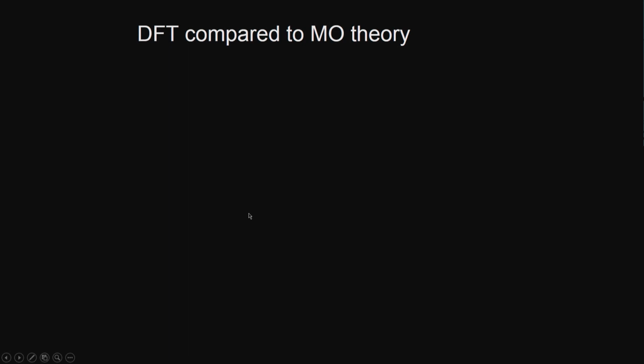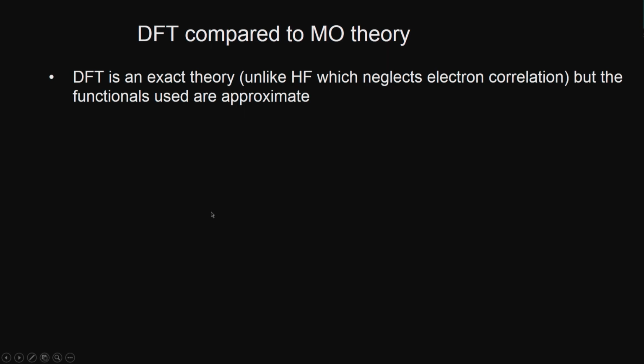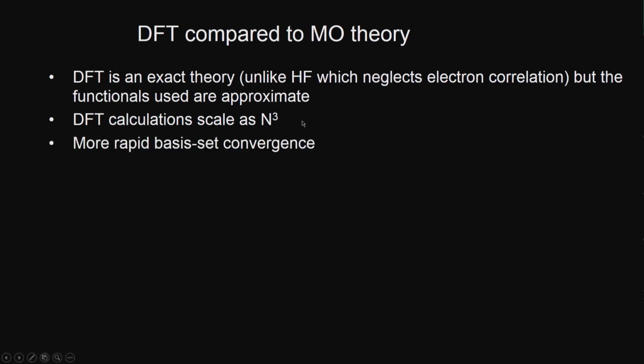Okay. So how does DFT compare to MO? DFT is an exact theory, unlike Hartree-Fock, which neglects electron correlation, but the functionals used are approximate. DFT calculations scale as n to the power 3, ab initio calculations scale as n to the power 4, whereas semi-empirical calculations scale as n to the power 2.